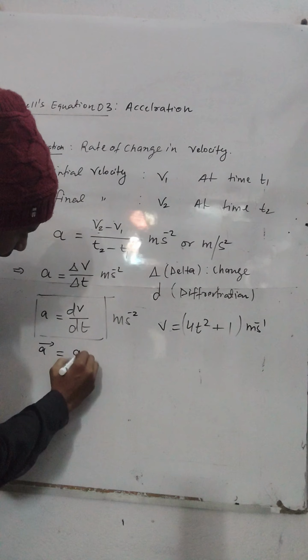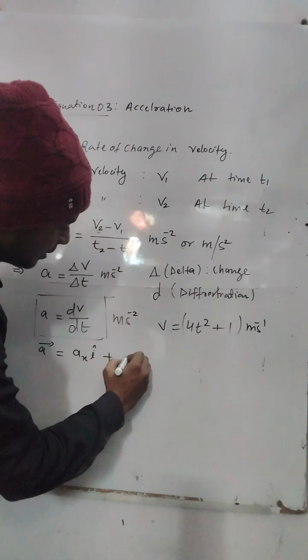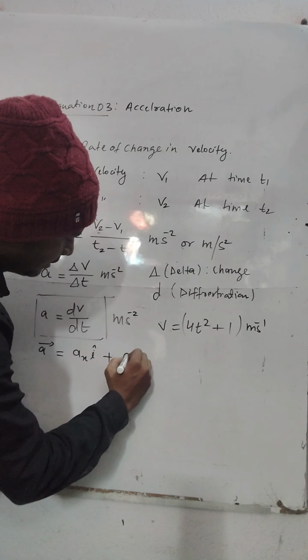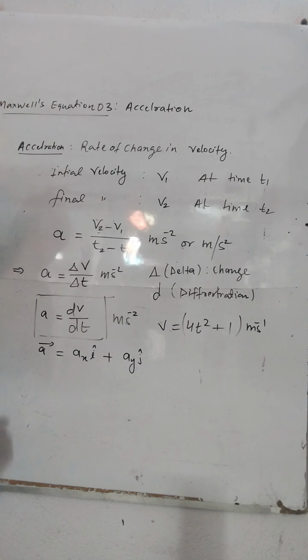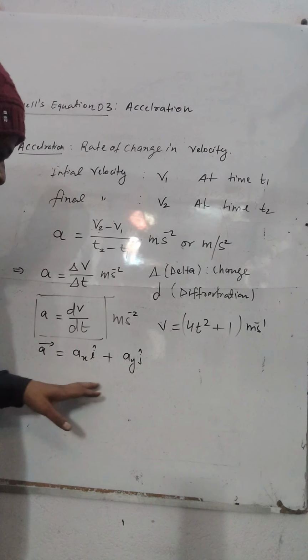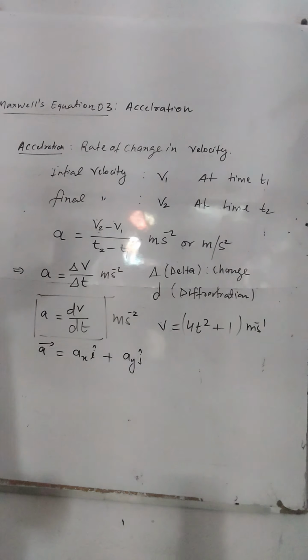In vector form, its component along the x-axis is the same as in the previous class, and the acceleration along the y-axis is given by this. This is the vector in orthogonal form. Orthogonal form means in a coordinate plane, the component along the x-axis and the component along the y-axis of acceleration are represented in this way.